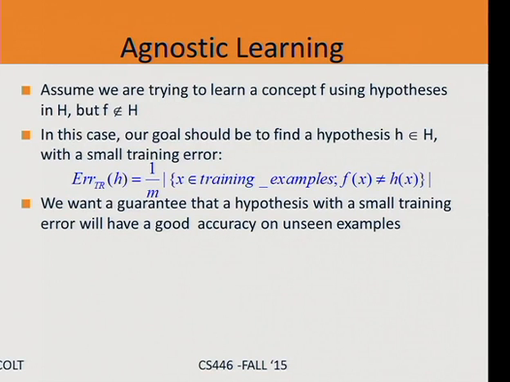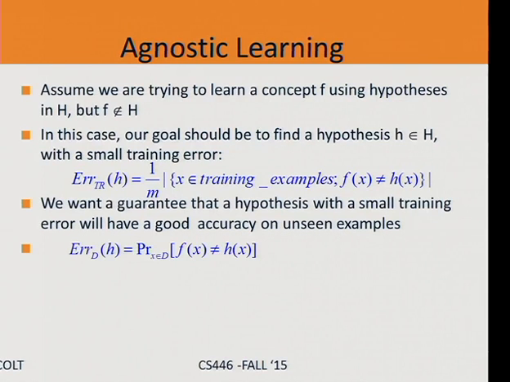What's the best you can hope for? You want some error that depends on the training error. You cannot do better than the training error, right? But maybe you can say, okay, this training error is the minimum I can do, but maybe I can do just this plus some epsilon, rather than what we had last time, 0 plus some epsilon. So that's what we want to do, right?